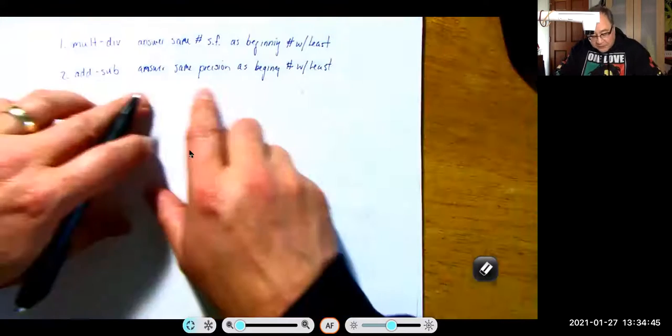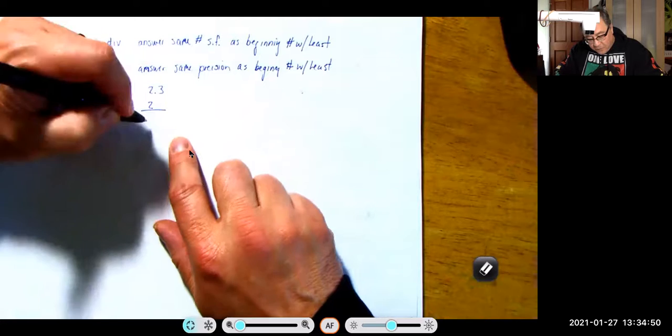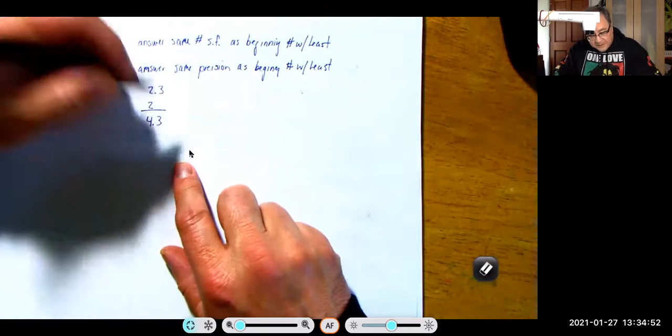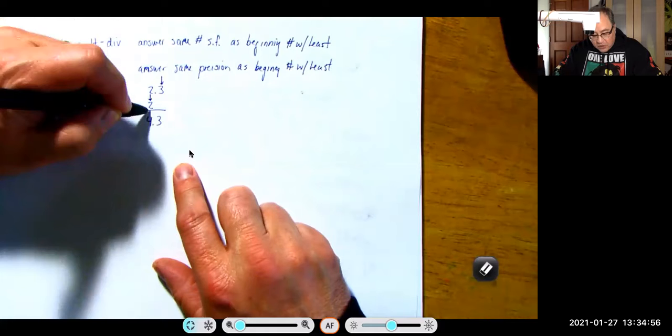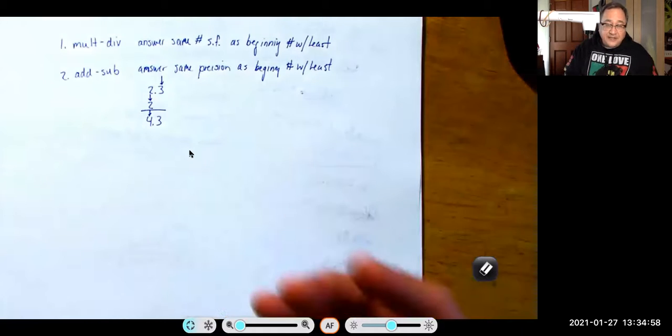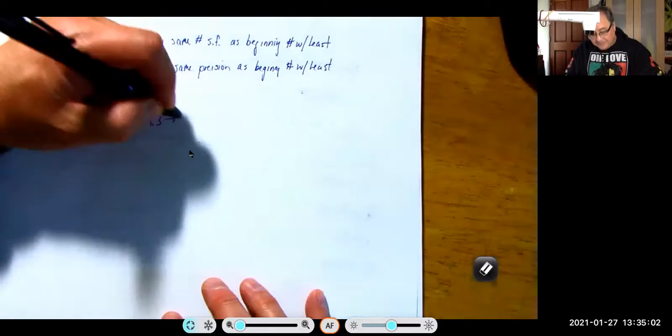So when we look at precision, if we add 2.3 to 2, we get 4.3. This is precise to the 10th. This is precise to the ones. So ones is less precise than 10th. So we round to the ones. So our answer becomes 4.